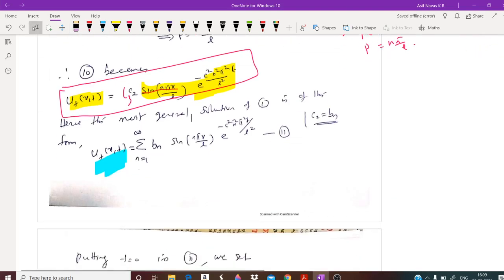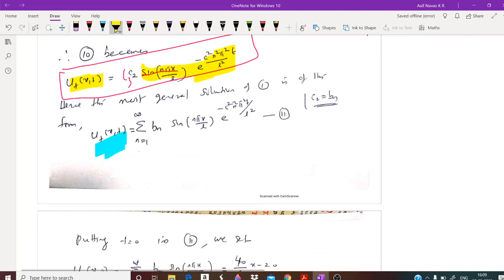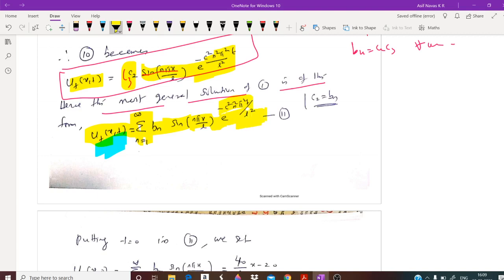Now we will take Bn equal to C2 C3 for an arbitrary value, and we will take the general solution of the form u of x t is equal to sigma n equal to 1 to infinity Bn sin n pi x by L e raised to minus c square n square pi square t divided by L square.